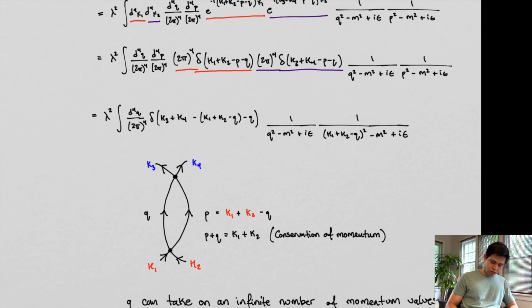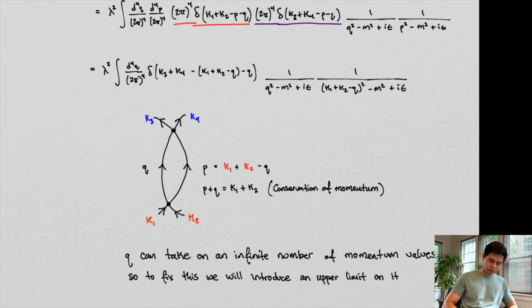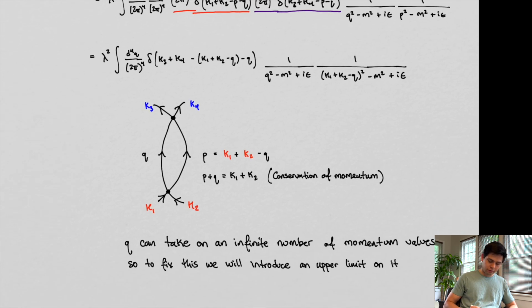Now we want to get one momentum, since we have two momenta. Let's go down to this picture really quick. We have our two incoming particles, our two outgoing particles, and our two space-time points at which they're interacting.